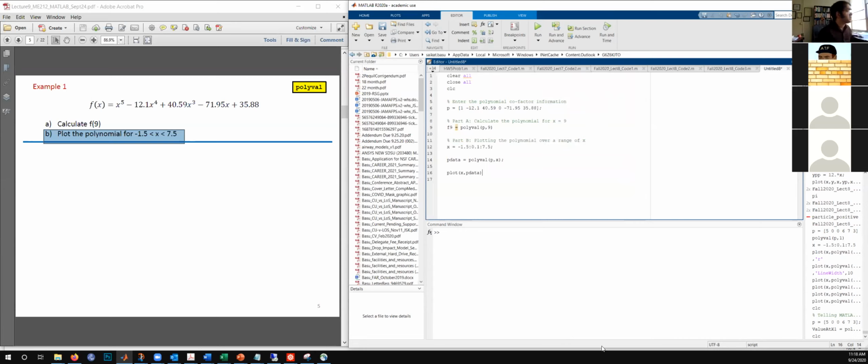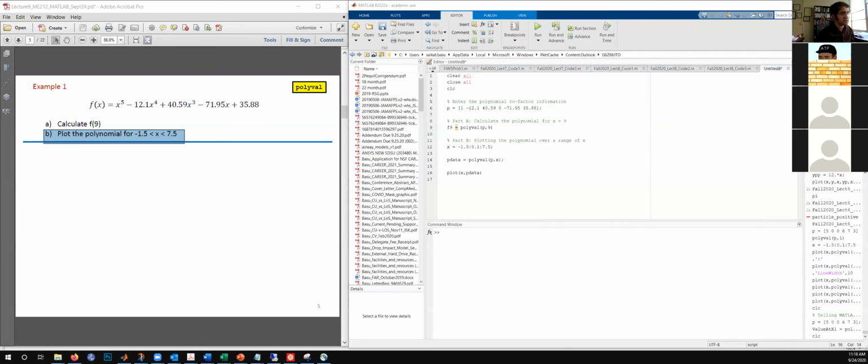Okay, guys, I need to make sure that the directory is fine, and this can happen with your computers as well. Sometimes MATLAB just tries to pick something else as the directory.